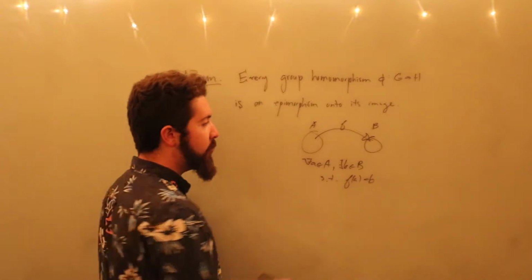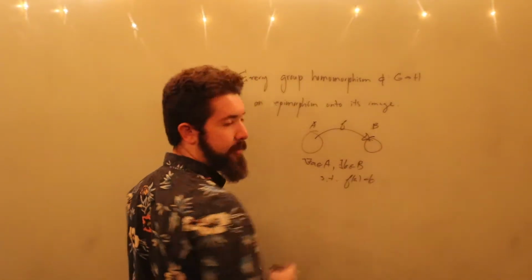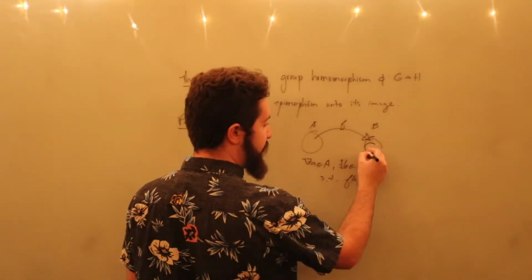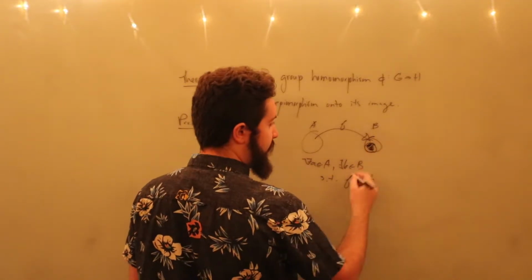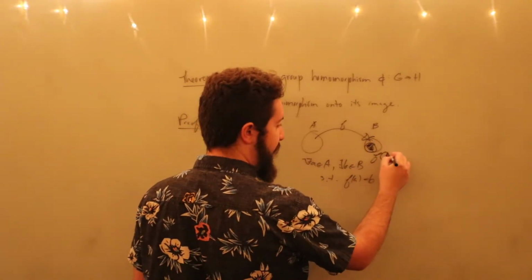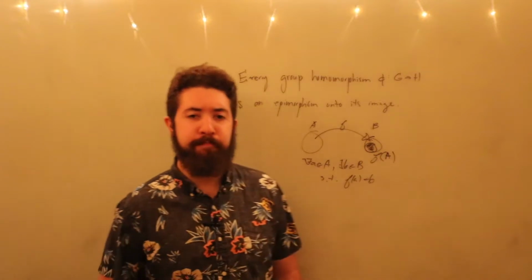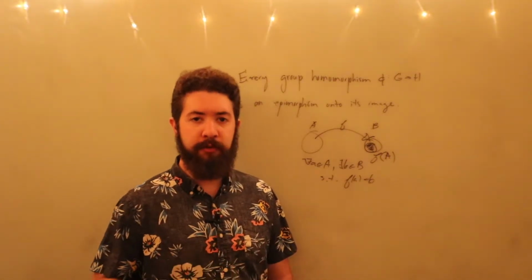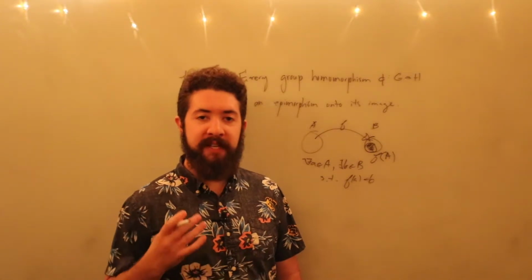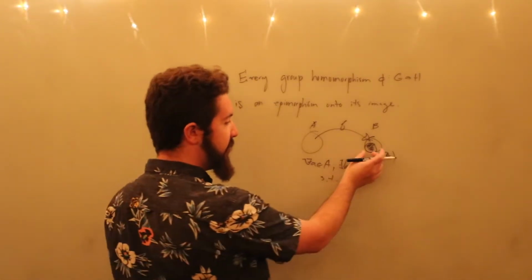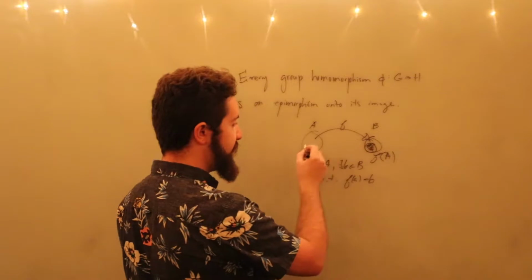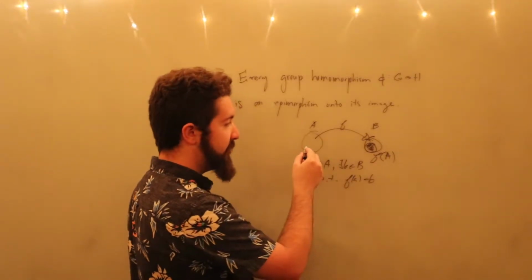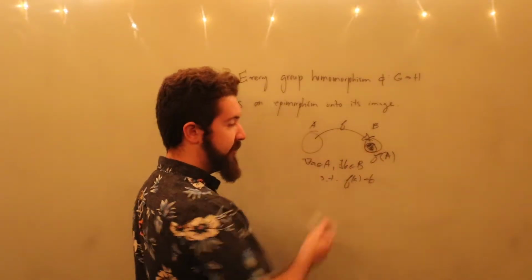However, we don't require that every element in the set B gets mapped to, right? There's just some subset, which we call the image of A under f, or f of A, which is the set of all outputs that actually get mapped to. But by definition then, within this image set, there exists some element in A such that f of that element is in there.